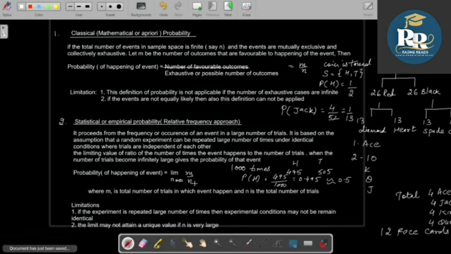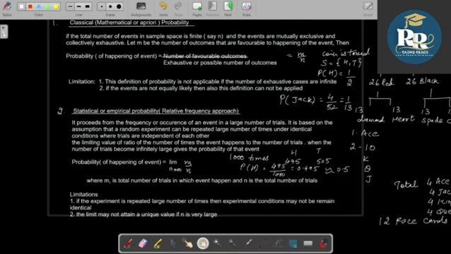So the relative frequency approach says if we repeat the experiment a large number of times, then the probability of happening of the event when the trials become infinitely large is given by the number of trials in which the event happened divided by the total number of trials. Clear? Now what are the limitations?